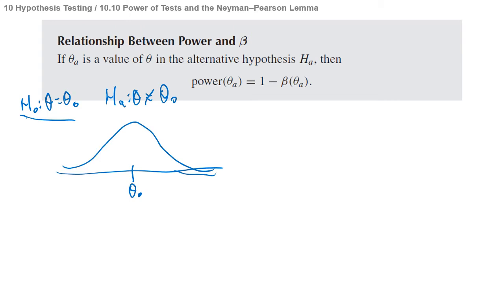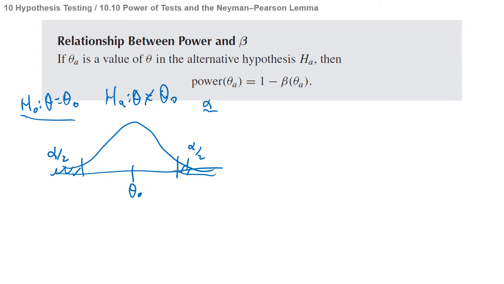We can decide the rejection region with alpha. This is alpha over 2, and the area here is also alpha over 2. So this is the underlying null distribution of the test statistic.